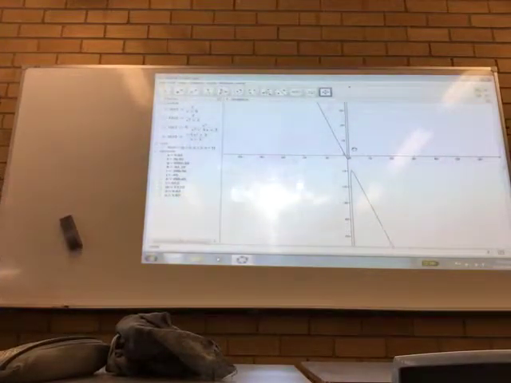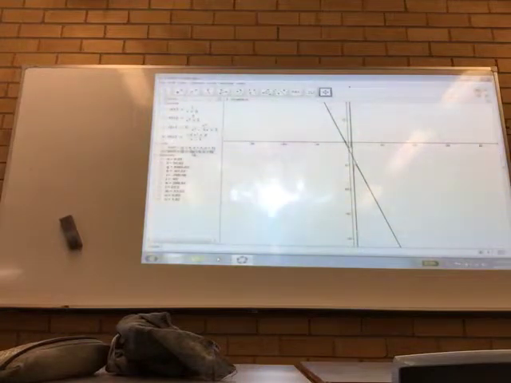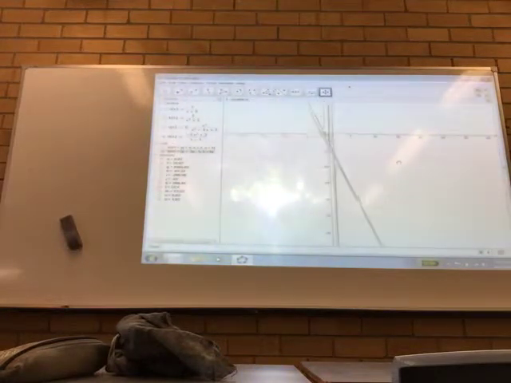Okay, so y equals negative 3x take away 3 is the equation of the asymptote.